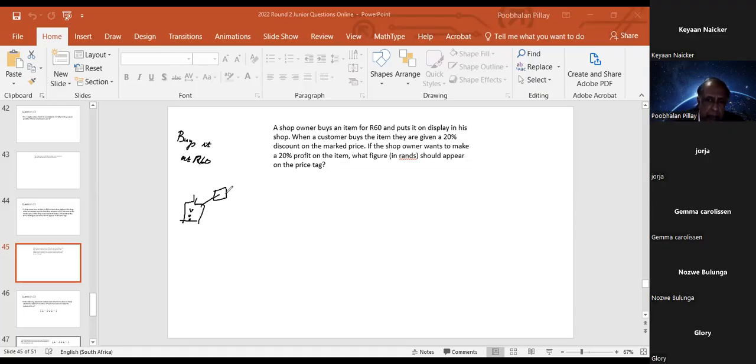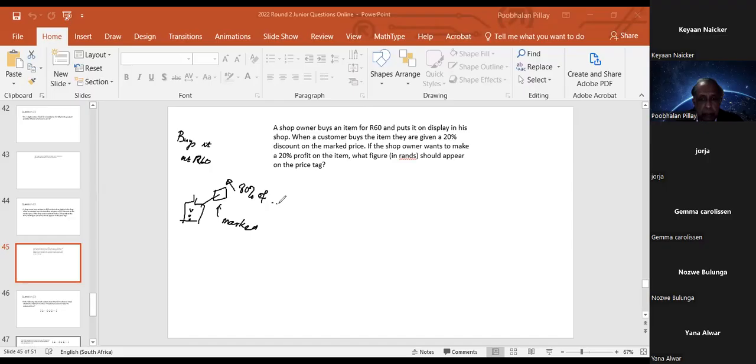So this thing here is the marked price. This is the price at which it is marked. The customer walks in, he sees that price there. And he's given a 20% discount, whatever it is, this thing here, you work out 80% of that.